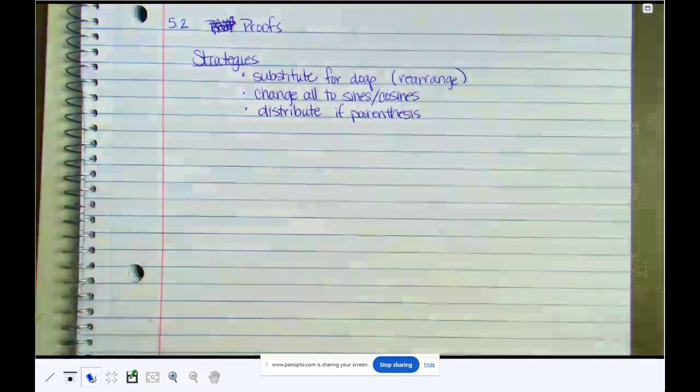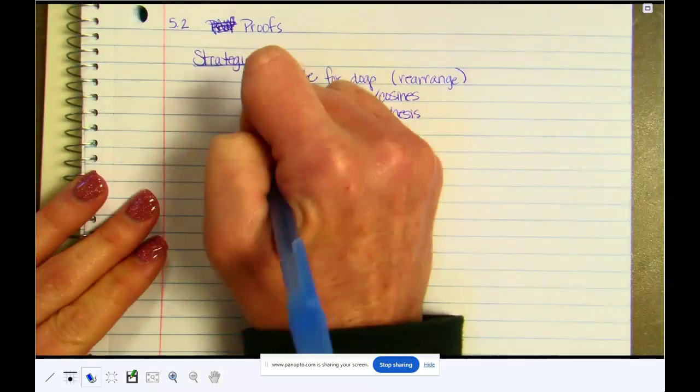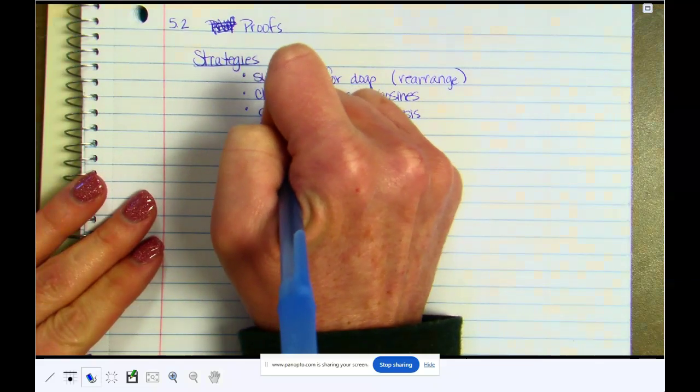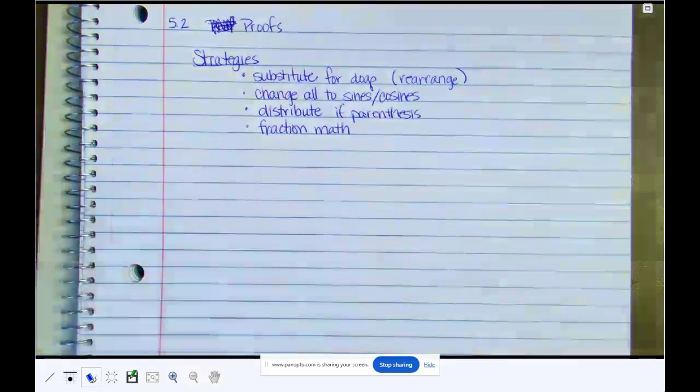And we've also done a little bit of fraction math, like dividing the fractions if we need to. So those are the ones that we have done so far. You guys are pretty proficient at those.